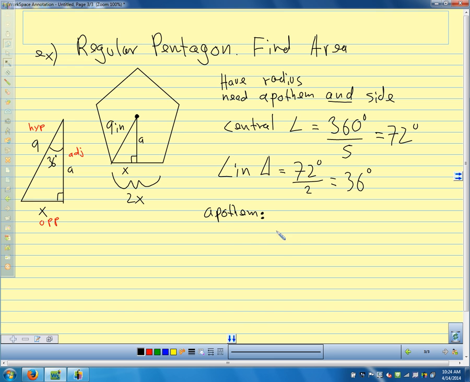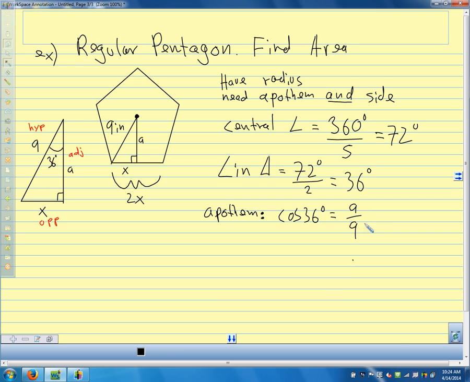For the apothem, I'm going to say we're looking for a, so what trig ratio using Sohcahtoa tells me about the adjacent and the hypotenuse? Cosine. So I'm going to say cosine of 36 degrees equals the adjacent a over 9.